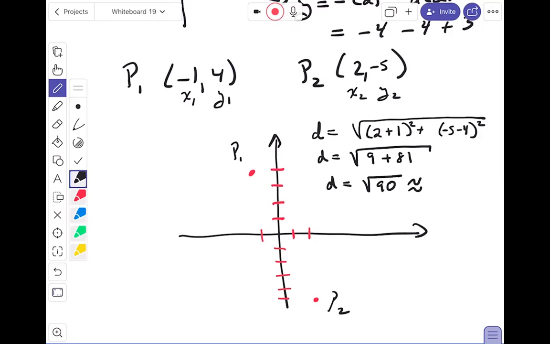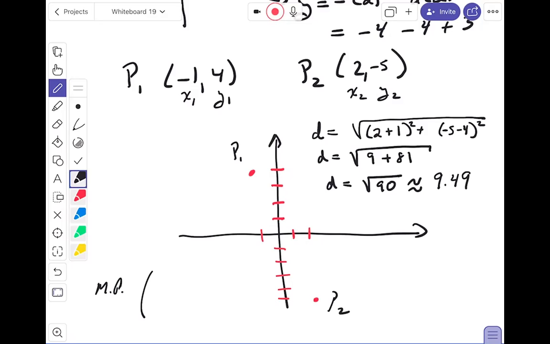However, they said I should approximate it. So the belief again is use a calculator. On your calculator, do the square root of 90 and round it off to the nearest hundredth, which means 2 decimal places. Okay, that's done. What else did they ask me to do? They asked me to find the midpoint. Well, that's fairly simple, all right? Midpoint, all I do is add the coordinates together and divide by 2.